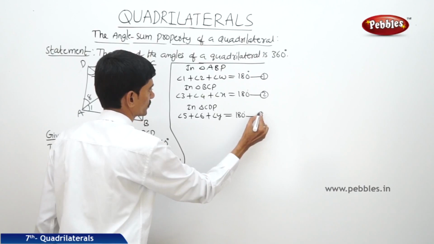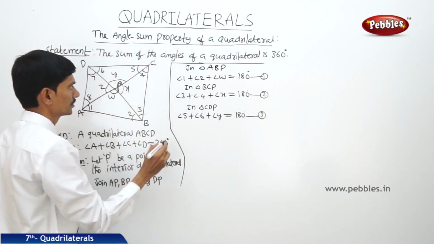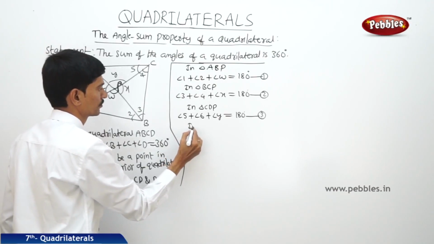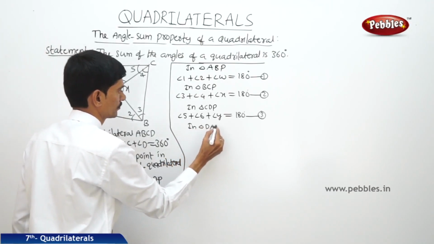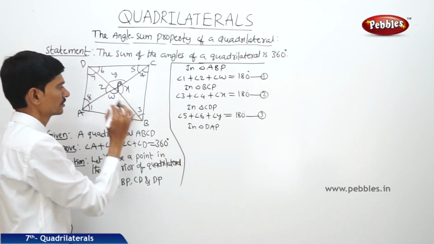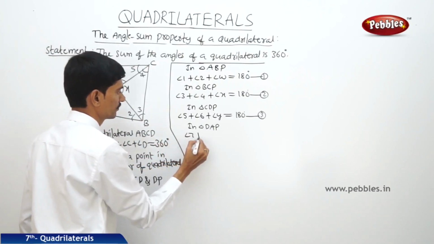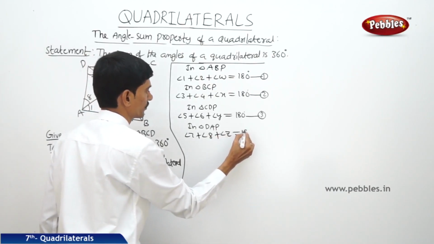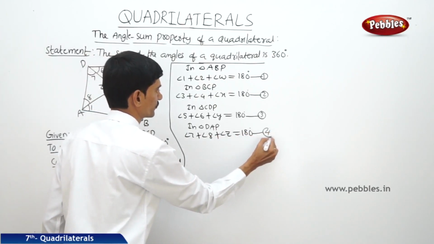So this is equation 3. Then in triangle DAP, angle 7 plus angle 8 plus angle Z equals 180 degrees. So this is equation 4.